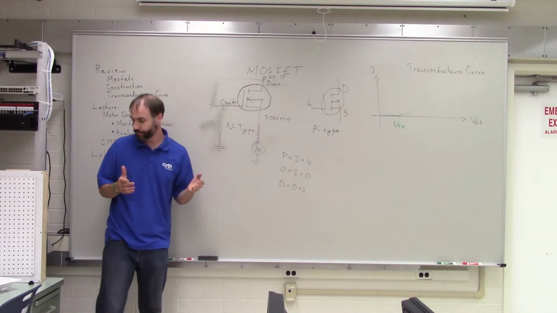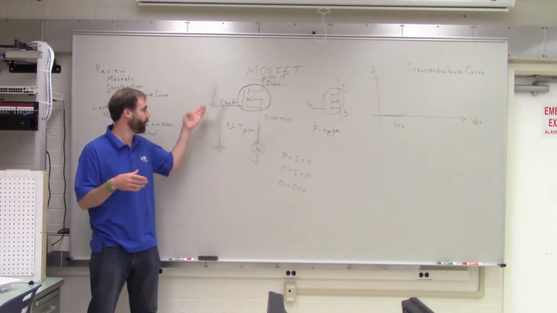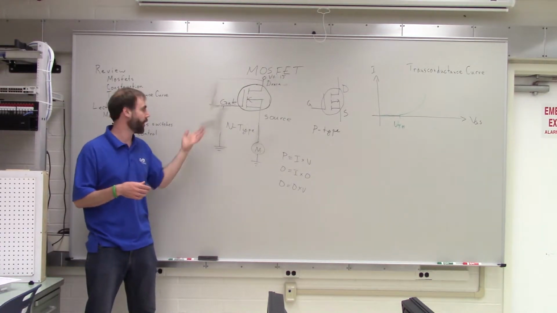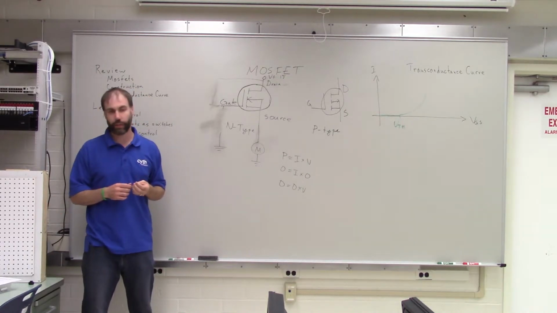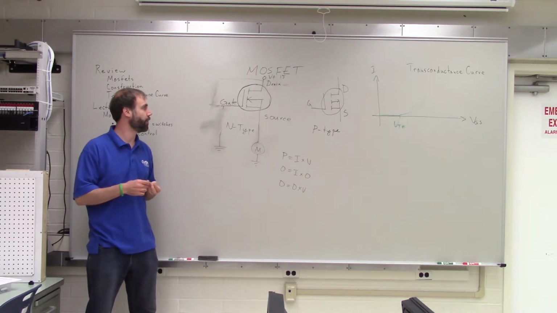And so normally you would be wearing the static discharge stuff, and that would remove any of that charge that might have landed on your body. But these are particularly bomb-proof MOSFETs, and so it's not as much of a concern here.